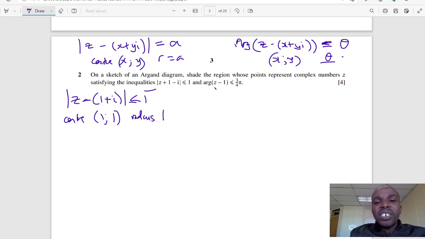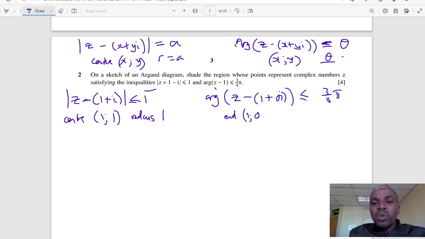Then for the argument, it will be argument of z minus real plus 0i, less than or equal to 3 over 4 pi. So this one represents a line having one end at 1, 0 and making an angle of 3 over 4 pi.